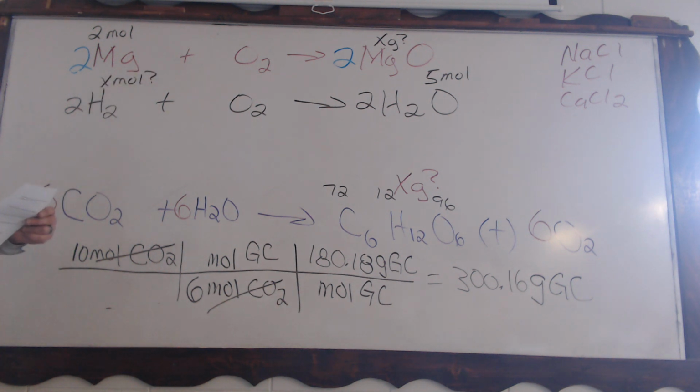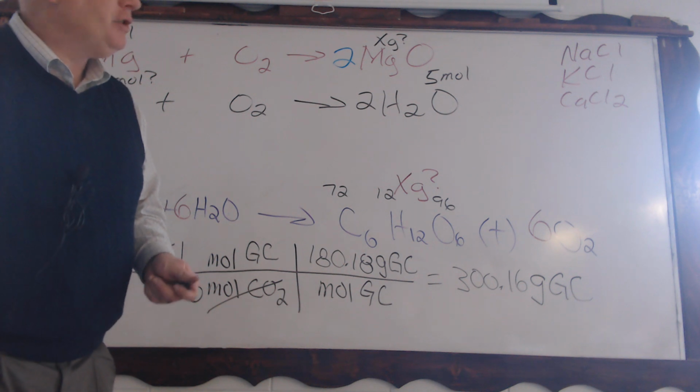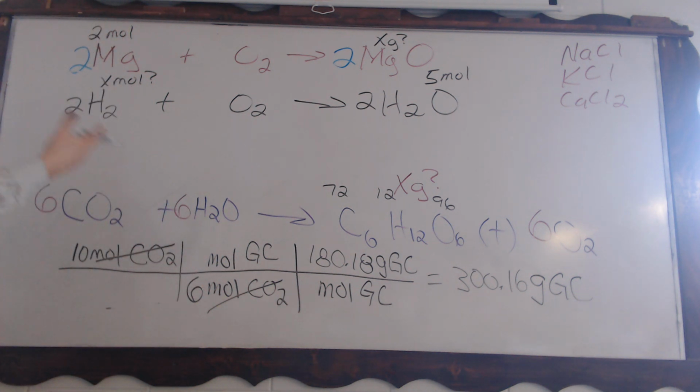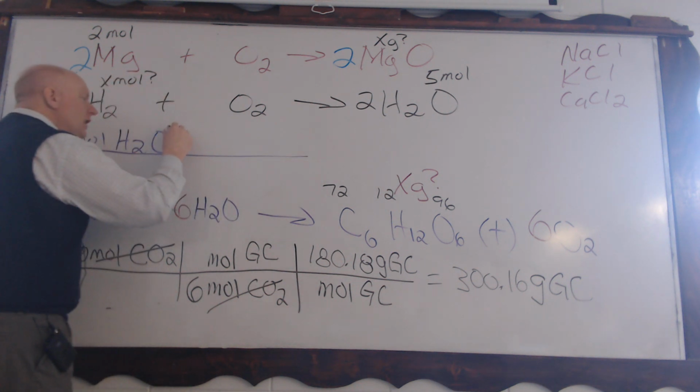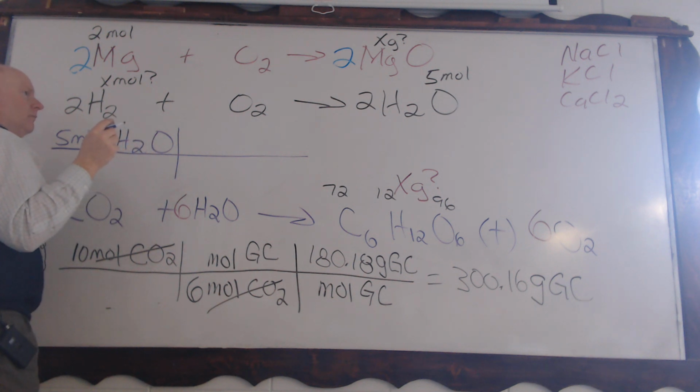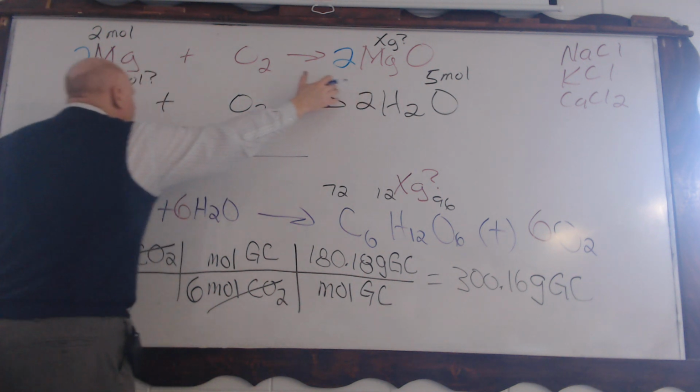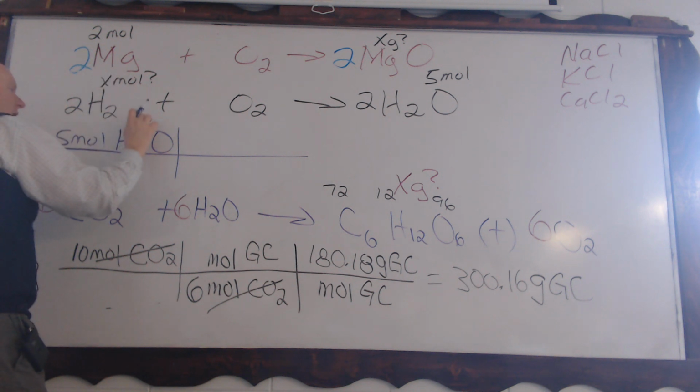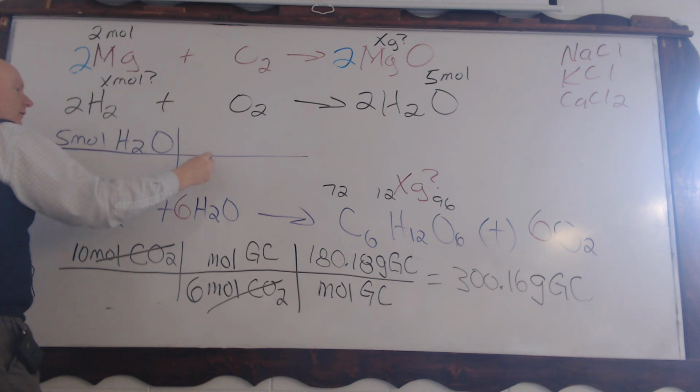Upon doing so, in this 2-step problem, how do we start it? I heard H2O, that's right. We've got 5 moles of H2O. That's step 1. What is step 2? Yep, we want to get back to this side, so we have to cancel out the moles of water.